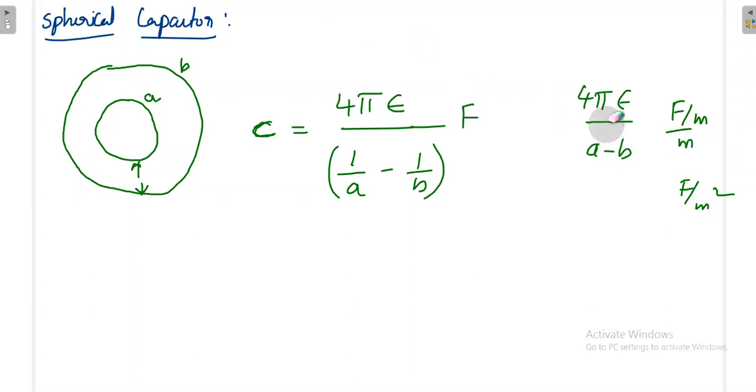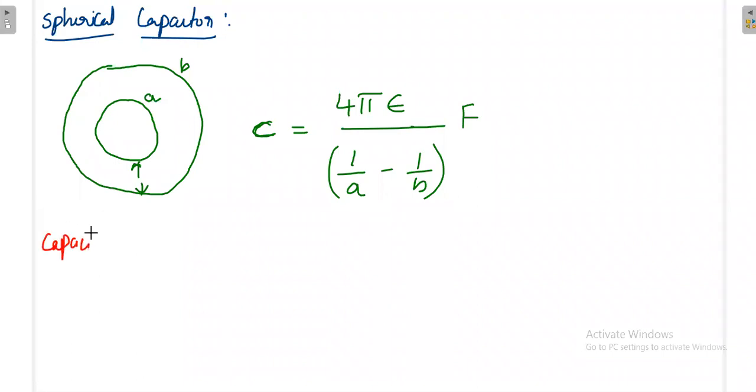Now, what is the capacitance due to a single isolated sphere? Now there are two spheres, but if there is a single sphere, what is the capacitance value? Capacitance due to a single isolated sphere.